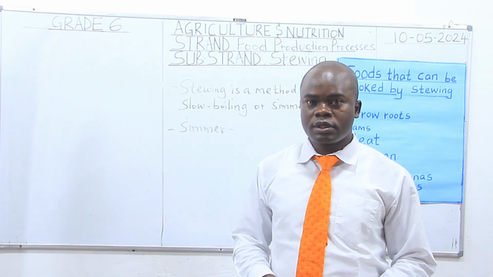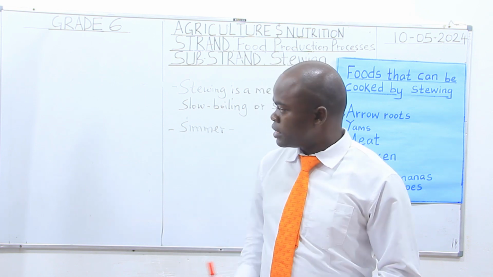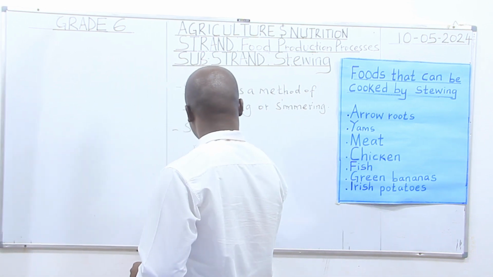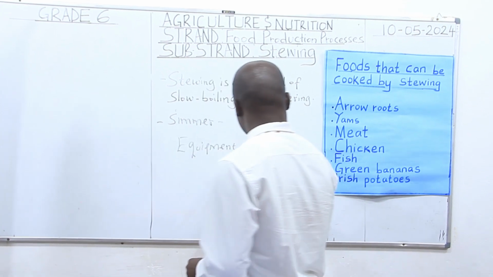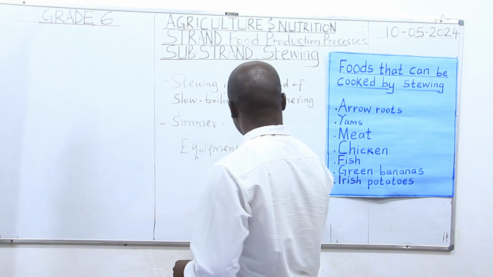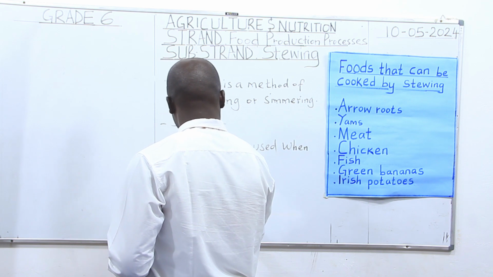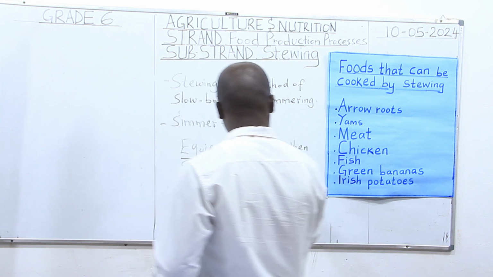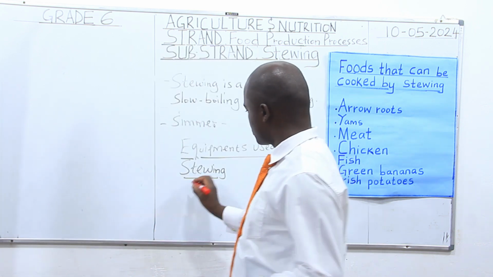Then, when stewing, there are some equipment that we need to know. The equipment which are used in cooking when stewing. We may need such equipment like a sufuria.